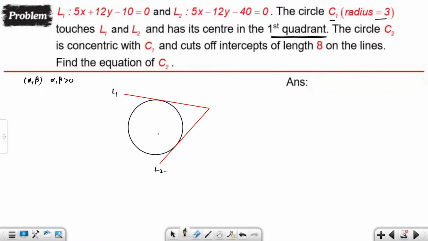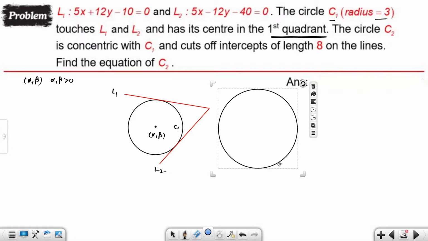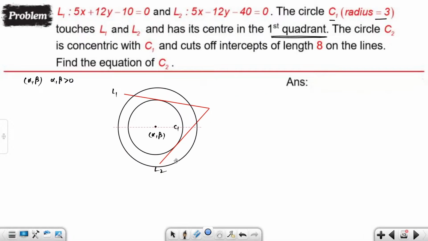And the center is at alpha comma beta, which is in the first quadrant. The circle C2 is concentric with C1. This is my C1. There is another circle which is concentric to this. Concentric means it has the same center. Only the radius will differ.